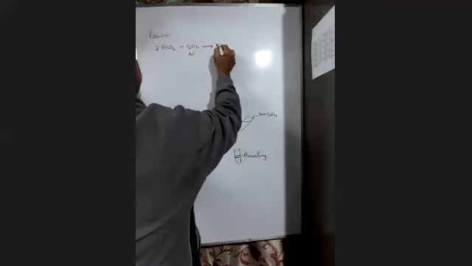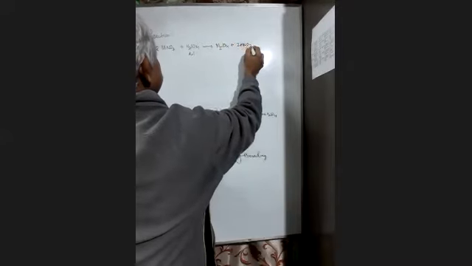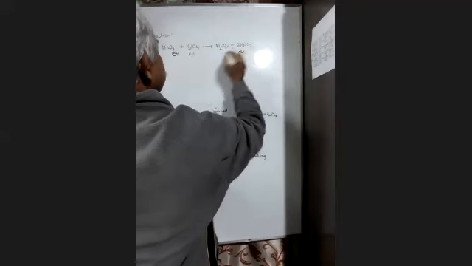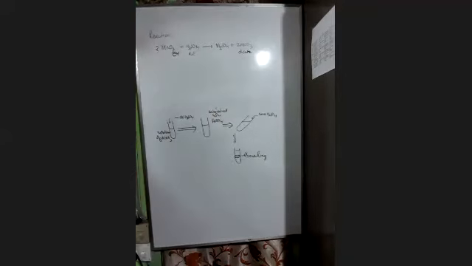It gives you metal sulfate and 2 molecules of nitric acid. Mind it, this is because it is water, we write down here aqueous. So you get a dilute solution of nitric acid. Okay.